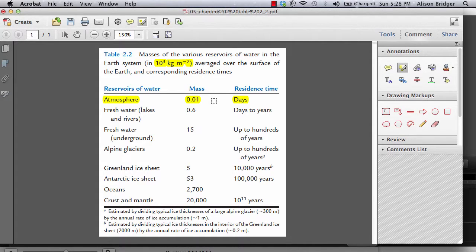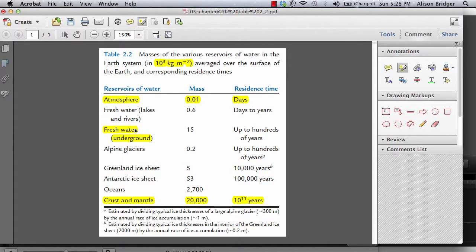If we want to look for where all the water is, you have to look in the crust and mantle of the planet. 20,000 units of water are locked up in the crust and mantle, and it's locked up there for a long time, 10 to the 11th years. So basically it's lost to us, definitely from a day-to-day basis. That's not to say that there isn't water underground.